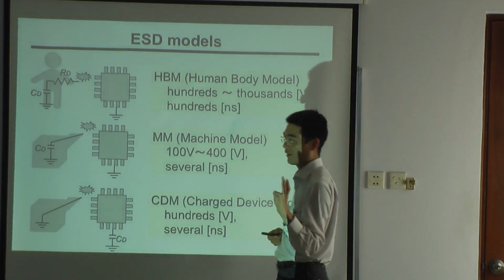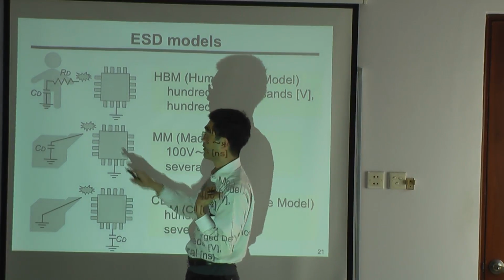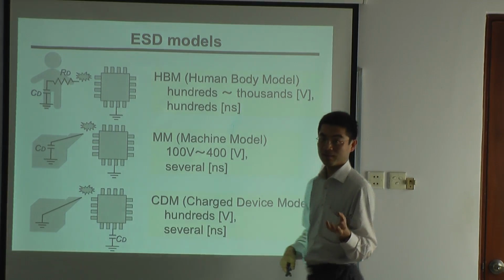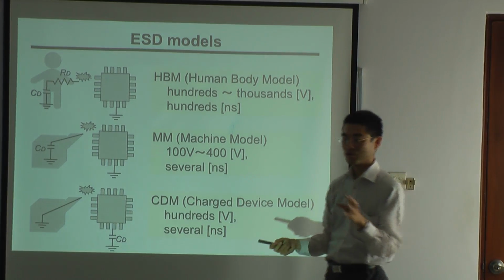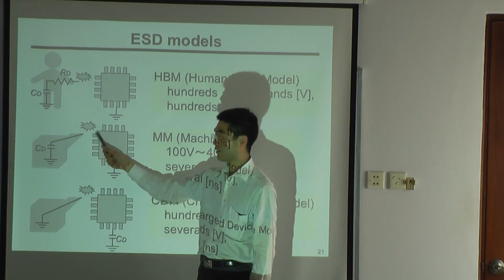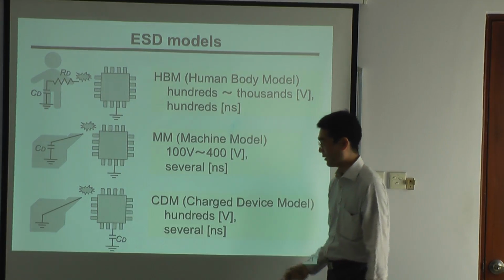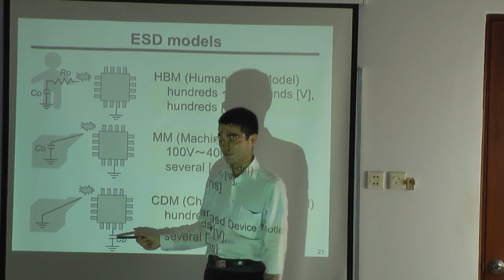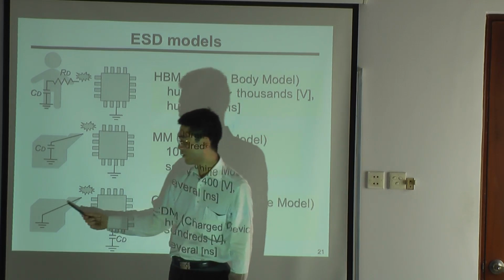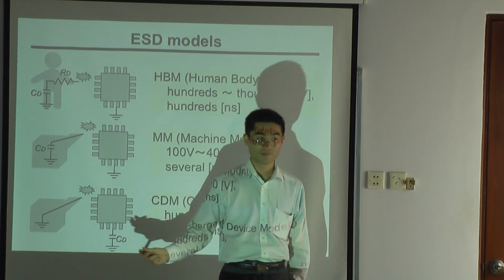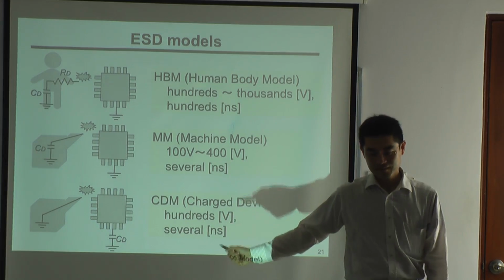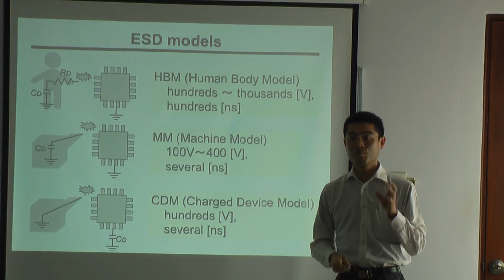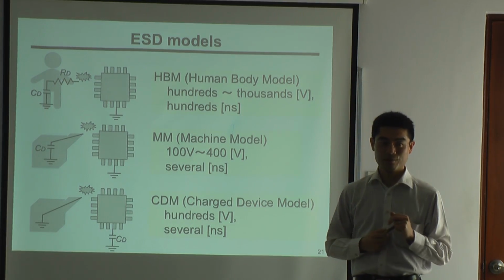One is the human body model, where a charged human body touches the chip. Then the machine model, where charged machines touch the chip. And the charged device model, where the chip itself is charged and a grounded machine touches it. Anyway, in any case the chip breaks, so we have to insert a protection circuit.